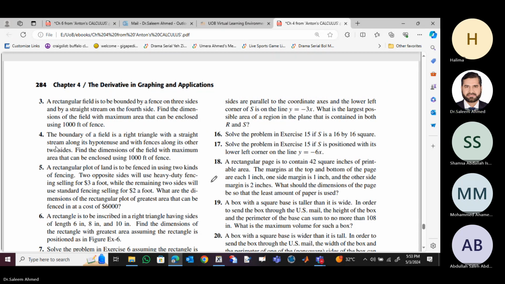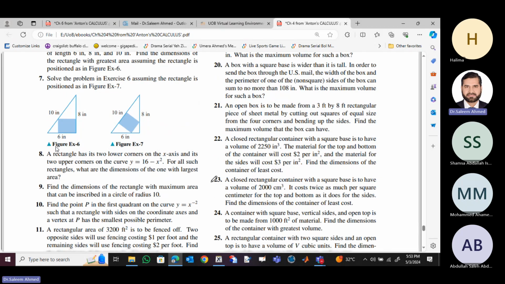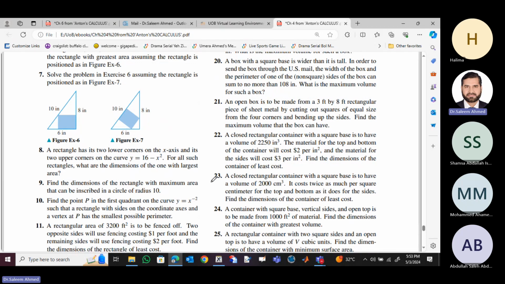I think this one, right? This is a question like example 2: an open box is to be made from a 3 feet by 8 feet rectangular piece of paper. Exact same question.